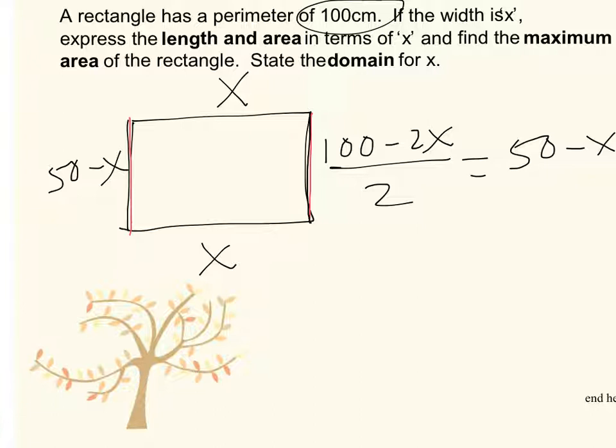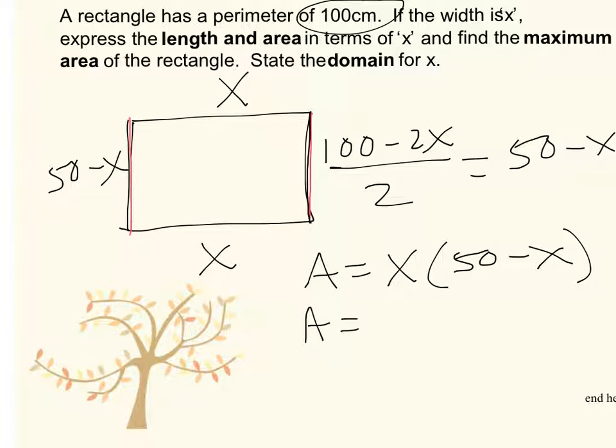At this point, I would solve it in virtually an identical way. I've got this rectangle. Its dimensions are going to be x times 50 minus x. Again, that's for the length and the width. I could distribute this a bit and say 50x minus x squared, and I find myself in the exact same spot.